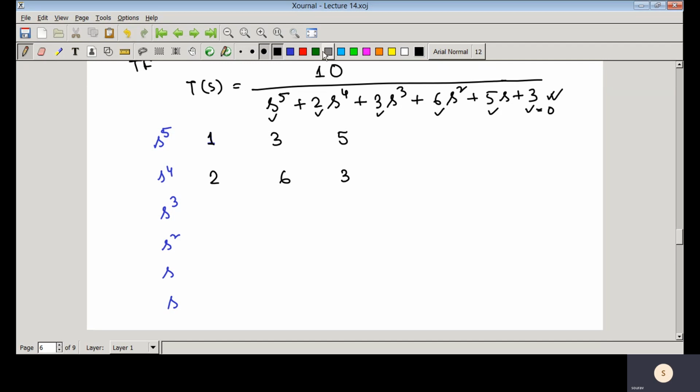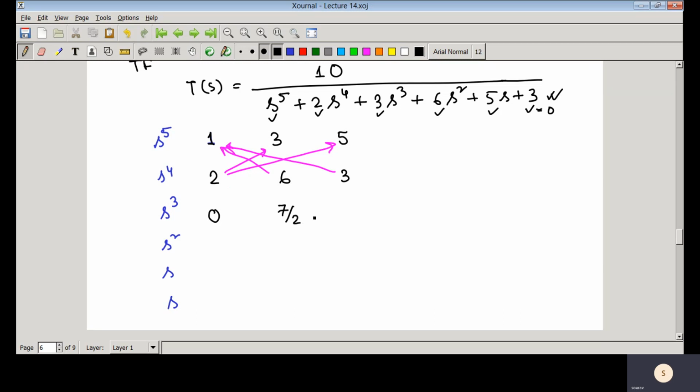Now if we follow the multiplication rule, that would be (2 times 3 minus 6) divided by 2, that is equal to 0, and here we have (2 times 5 minus 3) divided by 2, so that is 7 by 2.